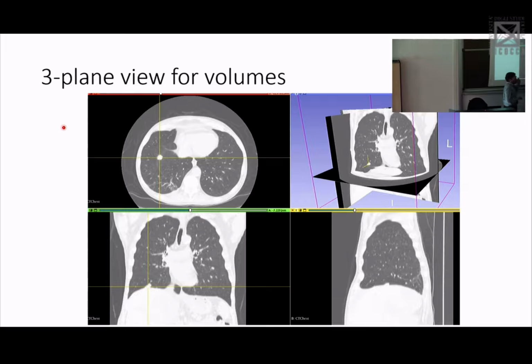These 3 axes, by the way, have an anatomical name, which you don't need to remember for now. It's axial, coronal, and sagittal. And in this way, the radiologist, when he's visualizing a CT scan, scrolls through each plane, but some features are best seen in one direction or the other.